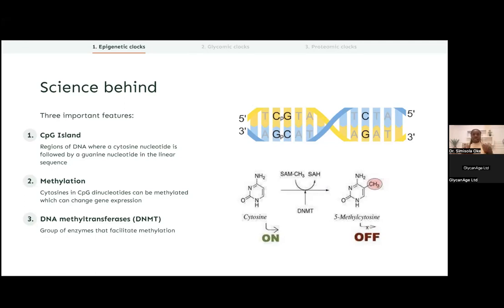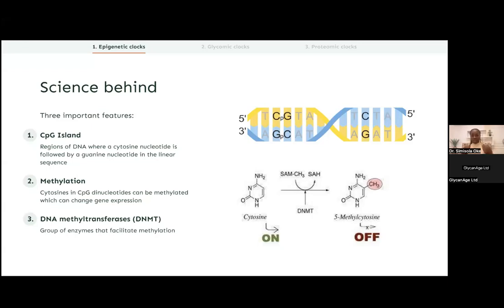So when we're speaking about epigenetic clocks, I think there are three very important things that you need to understand and know about. The first is CpG islands. So these are basically regions within your very complex DNA where you see a cytosine and a guanine nucleotide, and they kind of repeat in a linear sequence. So these are what you call CpG islands.